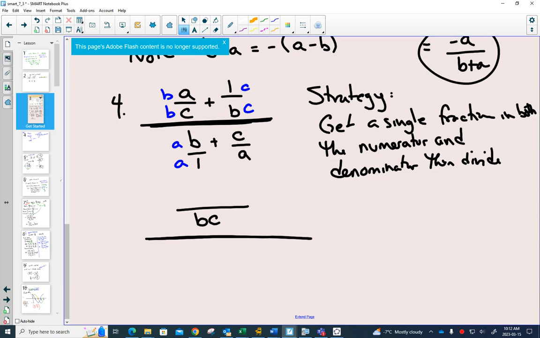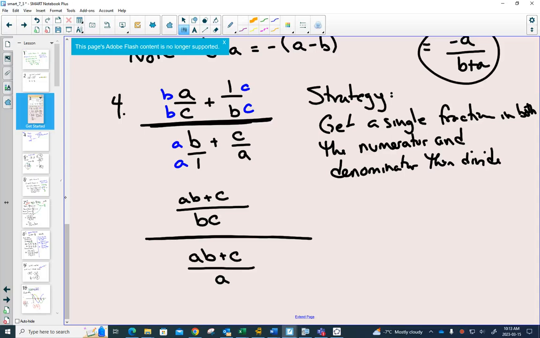If I added the tops, I would get AB plus C. In my denominator, I'd have a common denominator of A. If I added the tops, I would get AB plus C. You're going to have so many fractions written. Sometimes I wrote my main fraction line bigger and darker to help me visualize what's on the top, what's on the bottom. And now that you have a single fraction in your numerator and a single fraction in your denominator, you can use your rules for dividing.